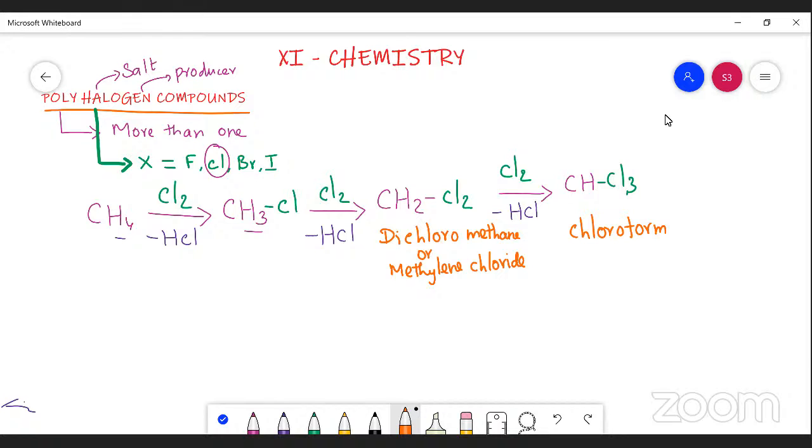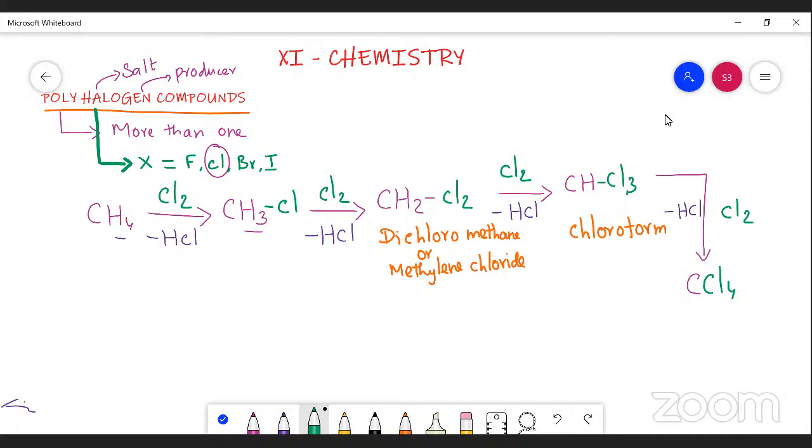Now, the final one. There is one more hydrogen, correct? Then further, it is reacted with chlorine gas again. We are treating with chlorine, then removal of HCl. So the final hydrogen is removed. Then we are getting CCl4. Correct? That is carbon from methane, and all the hydrogens in methane are replaced by chlorine, so it is CCl4.